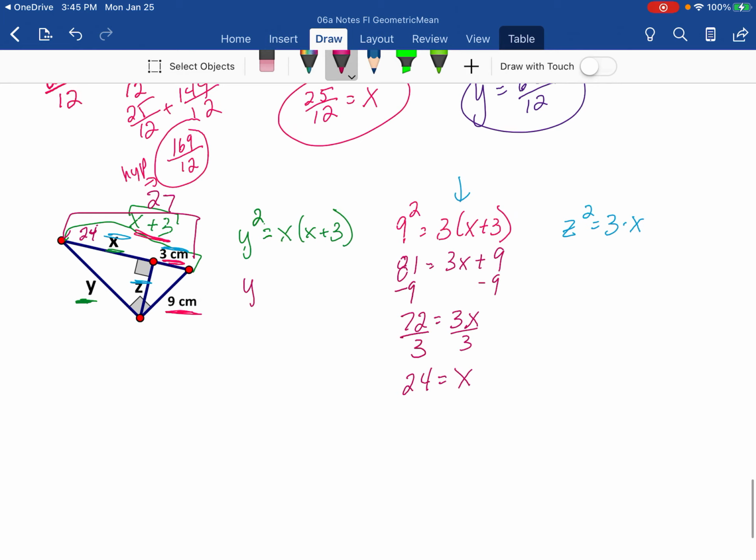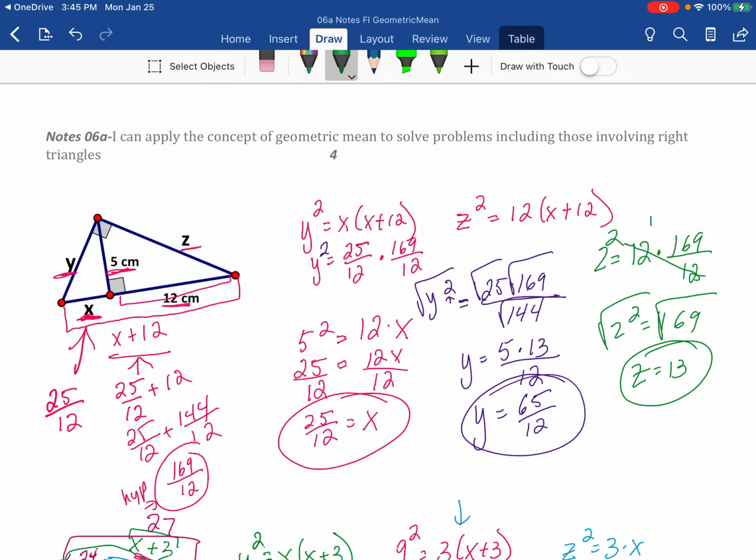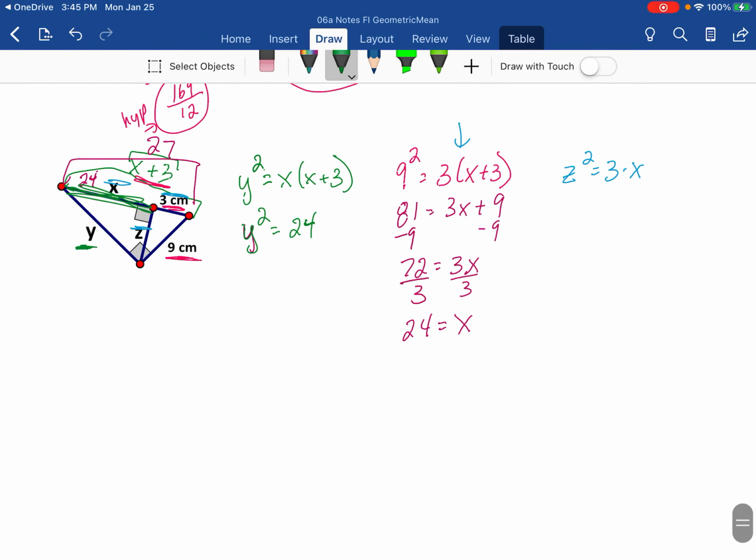Okay, so for this one, I know y squared is equal to 24, the adjacent part of the hypotenuse, times the whole hypotenuse, which is 24 times 27. Neither of these are perfect squares. So this is going to be y squared equals 648.